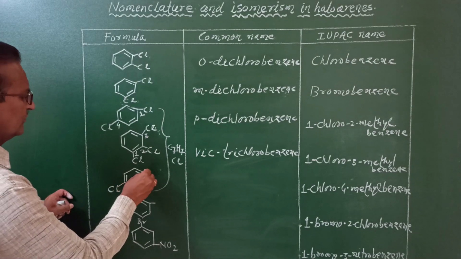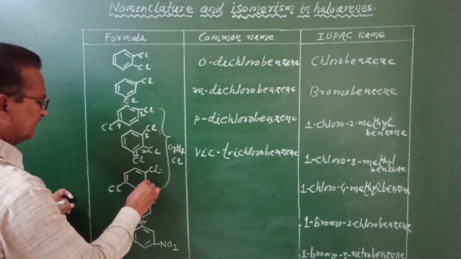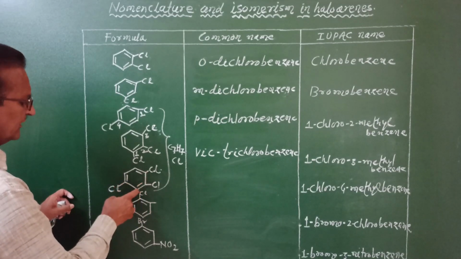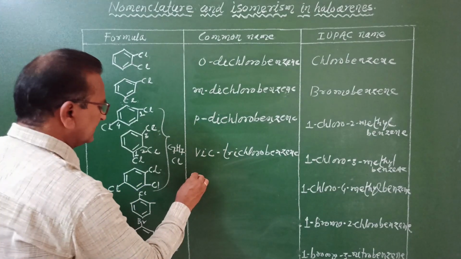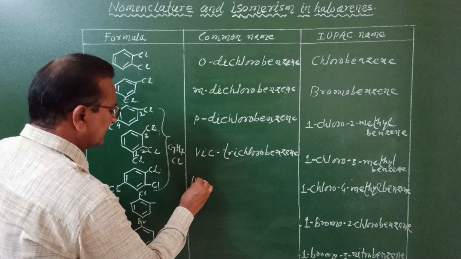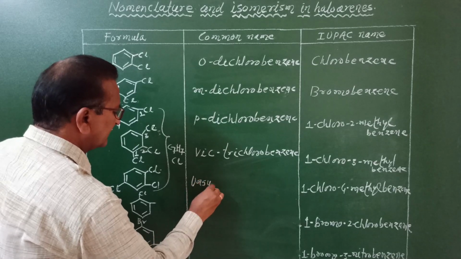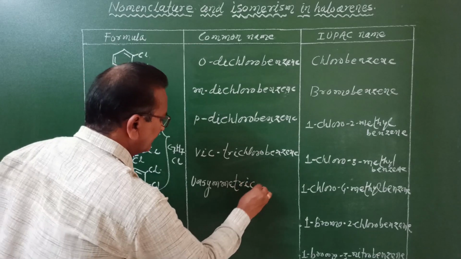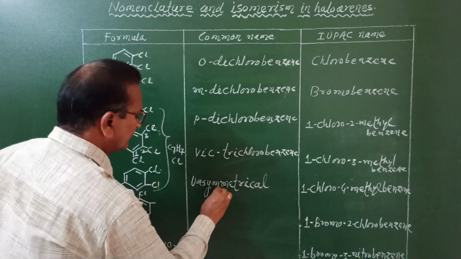If positions are 1, 2 and 4, then in the common name system this is known as unsymmetrical trichlorobenzene.